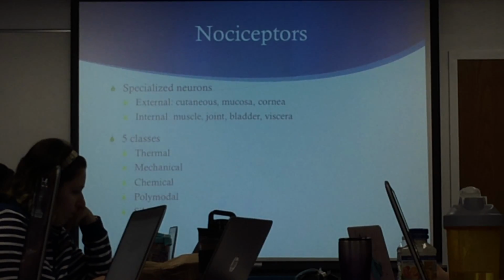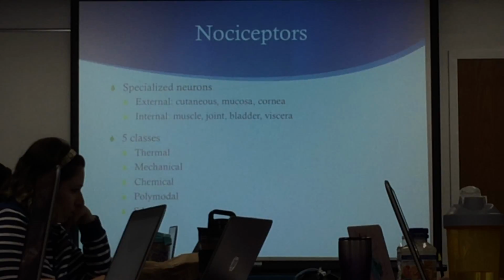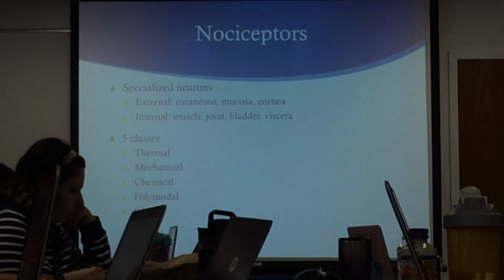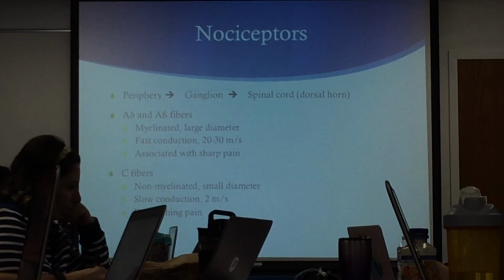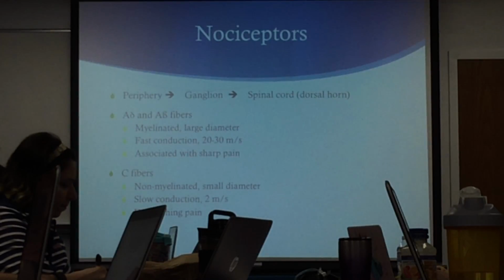So there are neurons in your periphery that will respond to thermal stimuli, but they don't respond to painful thermal stimuli. So nociceptors are always called high threshold responding pathways. So a thermal nociceptor is a high threshold thermal nociceptor.